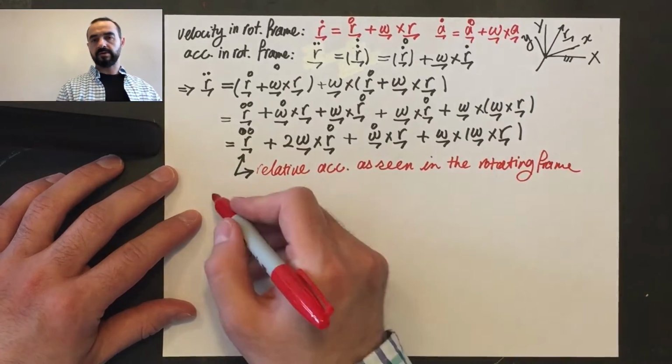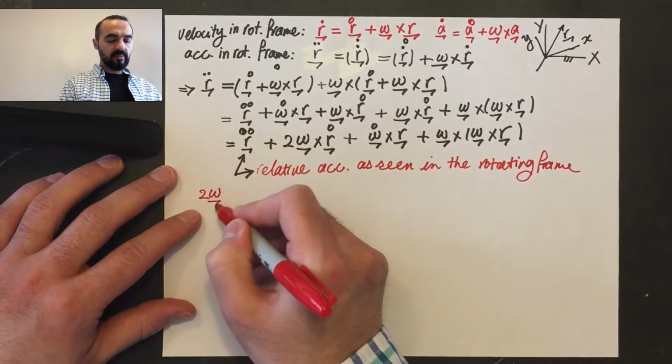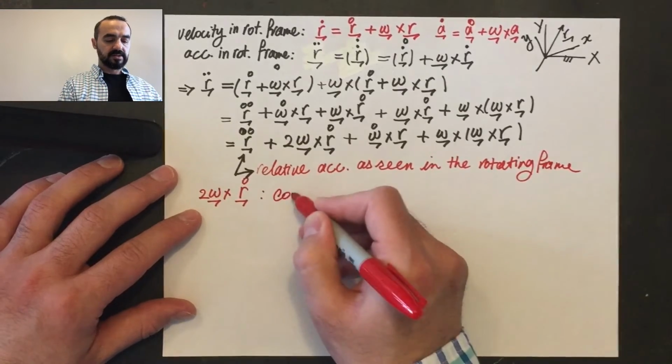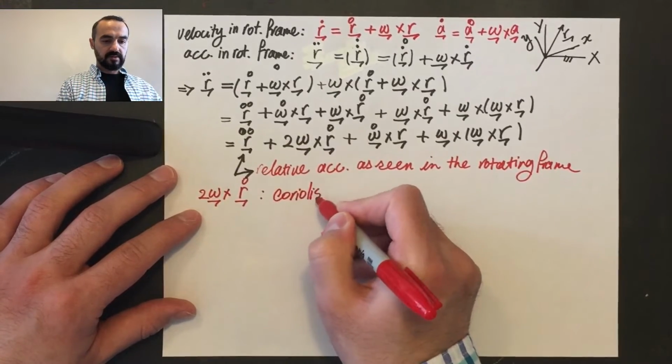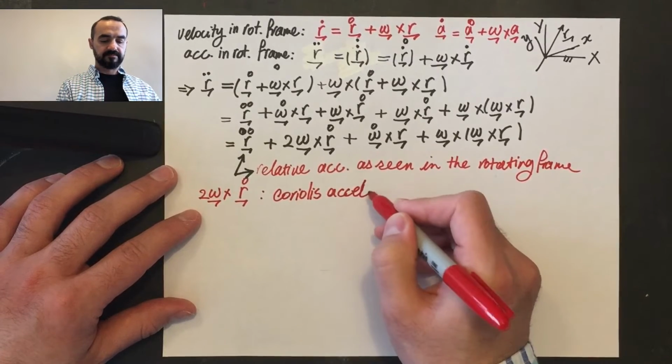Probably many of you are already familiar with that. So 2 omega cross r circle is Coriolis acceleration.